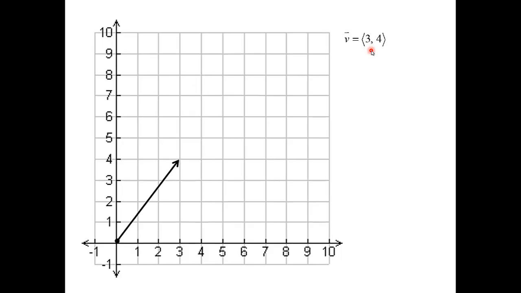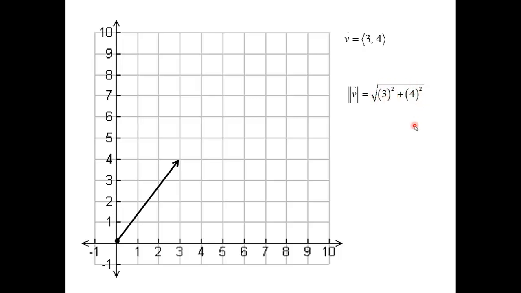Okay, now I want to talk about the magnitude of the vector. The magnitude is simply the length. And it's always positive. Now notice this magnitude I get just by taking the square root of the 3 squared plus the 4 squared, squaring both of those, adding them, and then taking the square root.